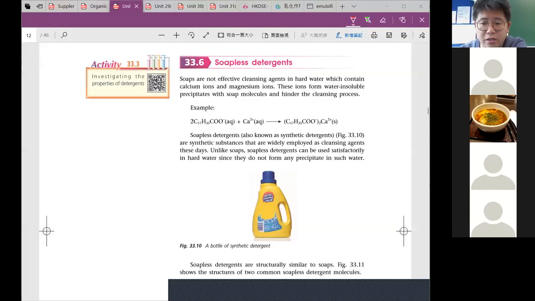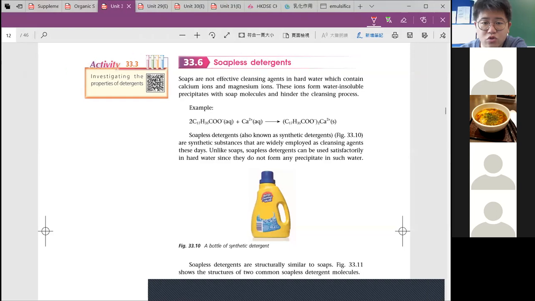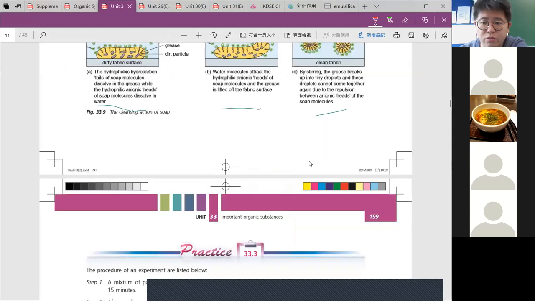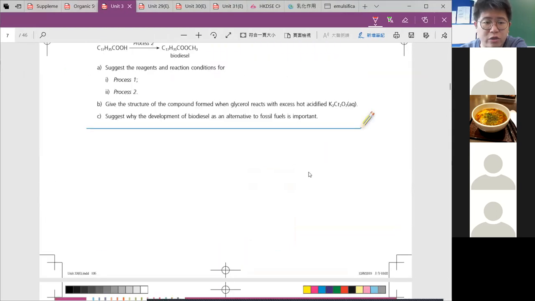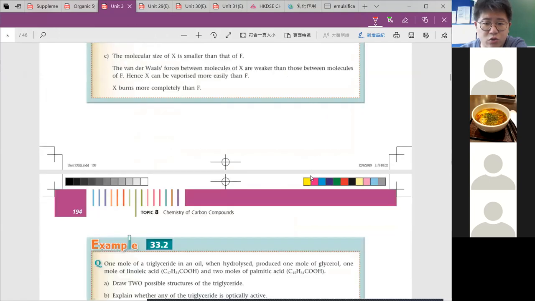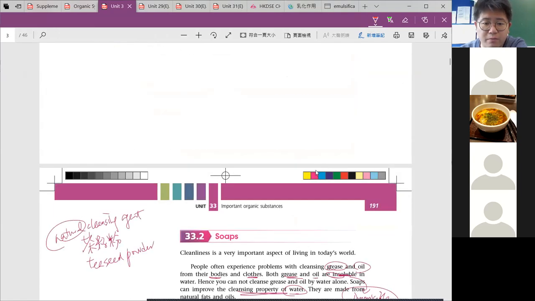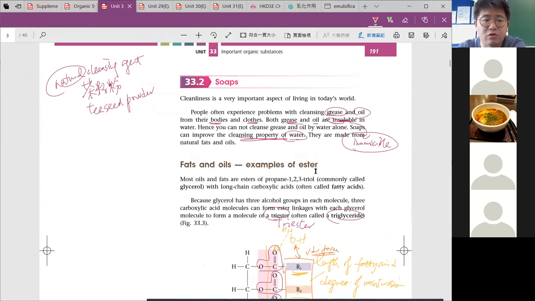Last night we just talked about this one. It is what we call a soap, which is quite different from soapy detergent. So recall your memory about what is meant by soap. Soap comes from fats and oil, right?